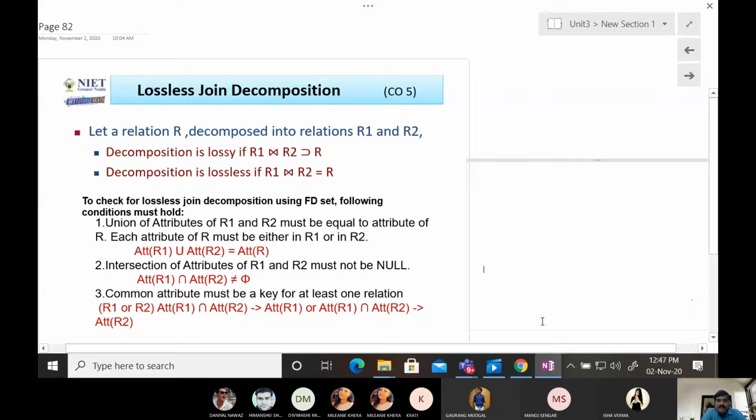If any relational schema has transitive dependency, then we decompose that relation with respect to that transitive dependency. In this way, we decompose a large table into small tables. But that decomposition should be a lossless join decomposition.